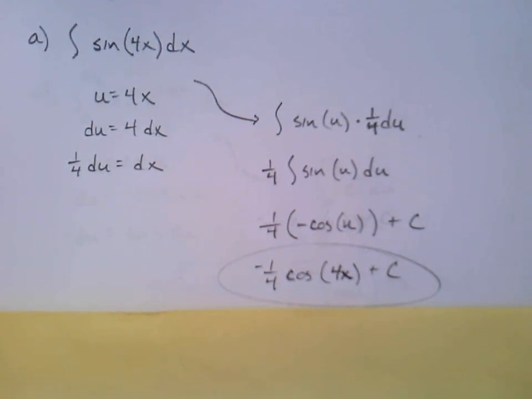A great way to check your answer is to take the derivative, but we can kind of see that, right? The derivative of cosine is negative sine, so that would cancel out this negative, bring it back to sine, and then we'd have a chain rule. We would need to multiply by the derivative of the 4x. That would cancel the 1/4, and okay, we can see that.